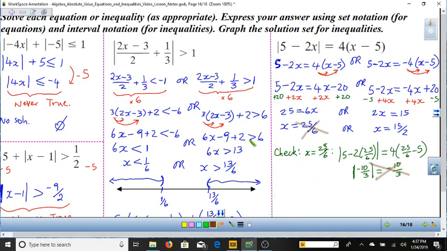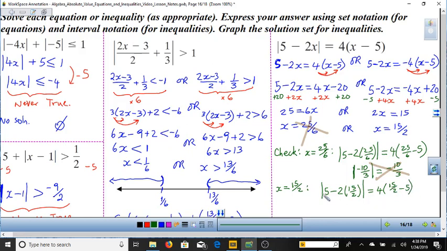All right, so let's go on to the next number to check, which is 15 over 2, the other possible solution. We plug it in as before. 5 minus 2 times 15 over 2. Absolute value of that is equal to 4 times 15 over 2 minus 5. Work this out, that gives you negative 10 inside the absolute value.